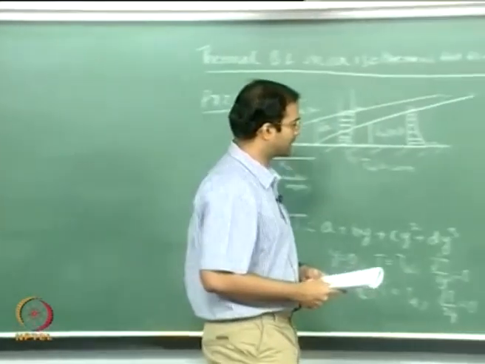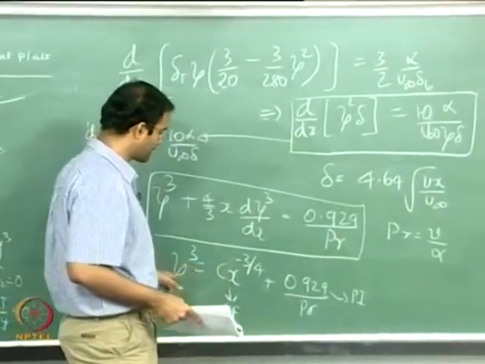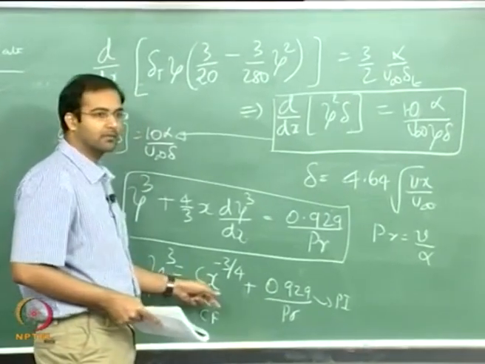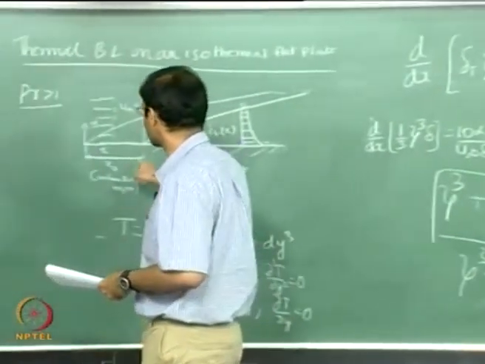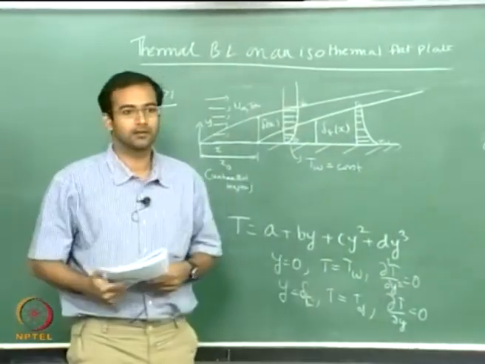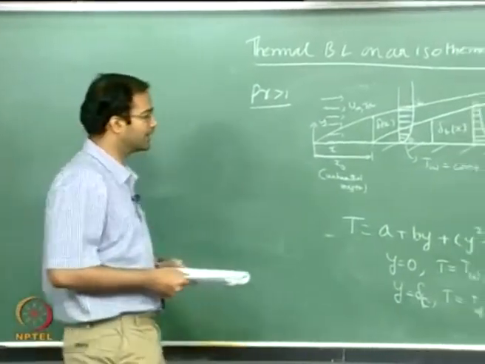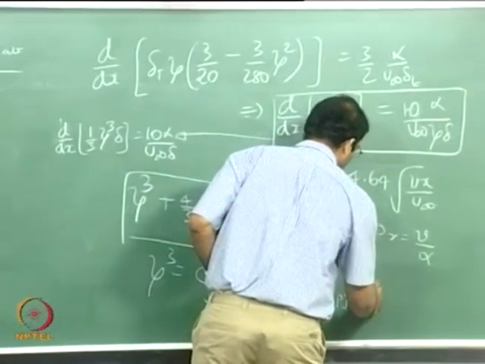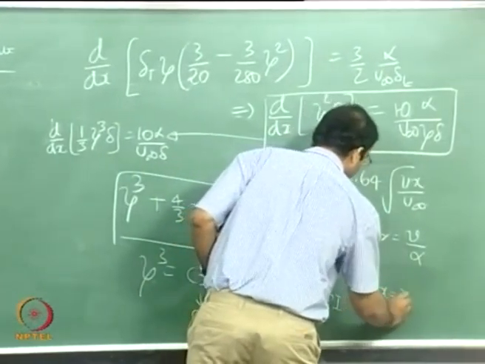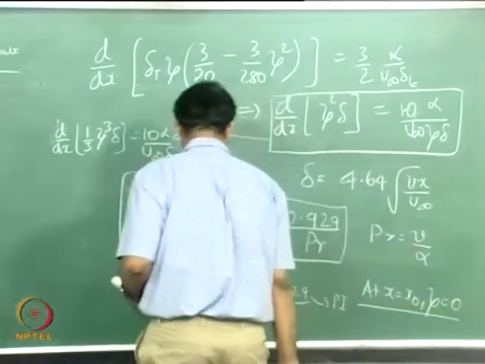So once you determine the solution, now we have to determine this constant, so therefore we should give a boundary condition for zeta, okay. For the generic case, at x equal to x naught, your zeta should be 0, right. So if you put that condition at x equal to x naught, my zeta equals 0, okay.